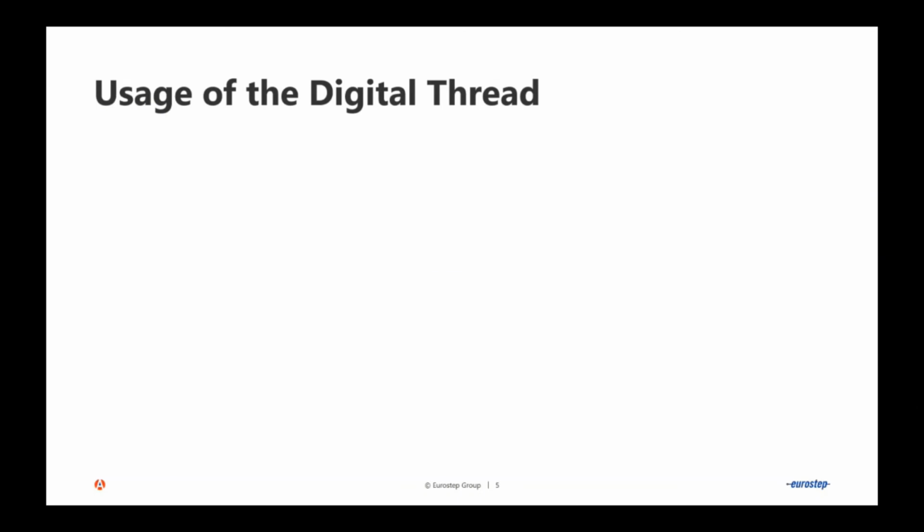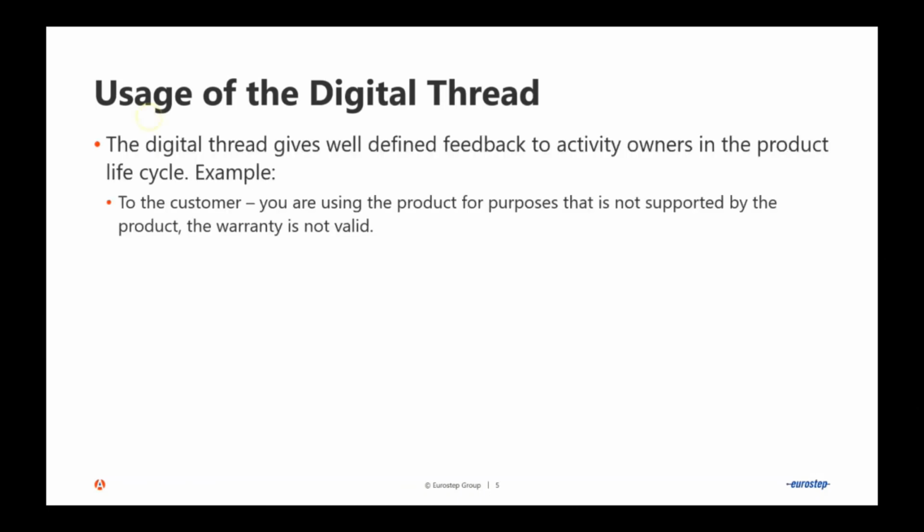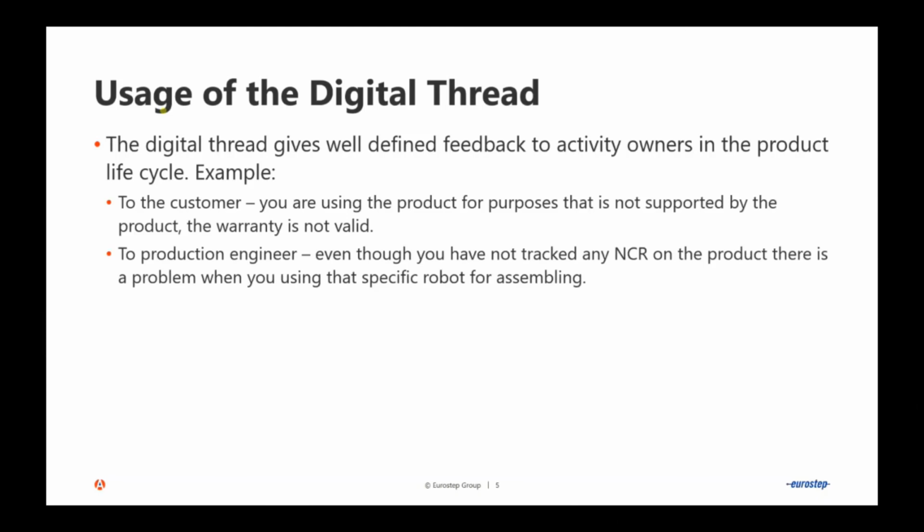But different participants in the product lifecycle can also use this for different things. A customer can use it to figure out if he's using the product inside the comfort zone of the product, or is he jeopardizing the warranty.